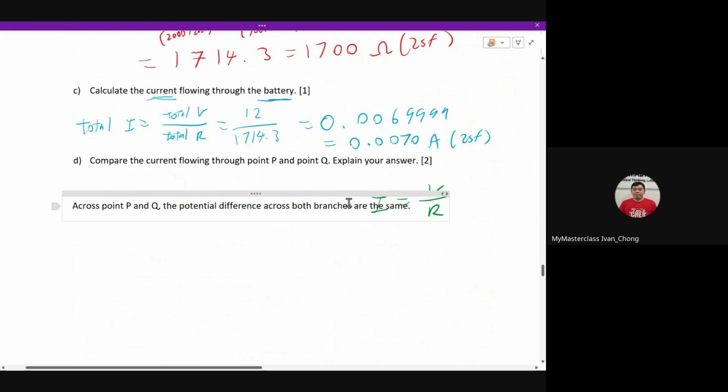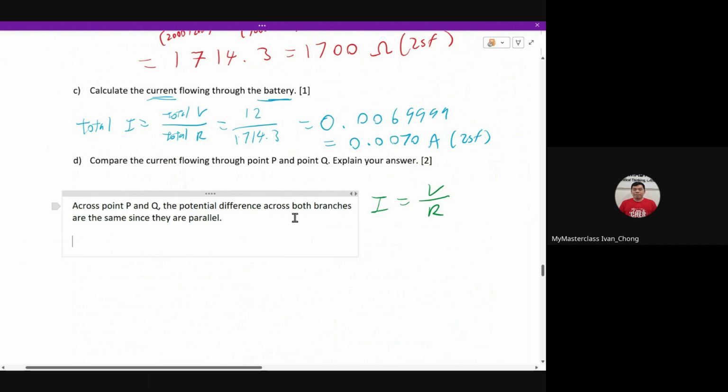Why? Because they are parallel. So since they are parallel, they have the same PD.